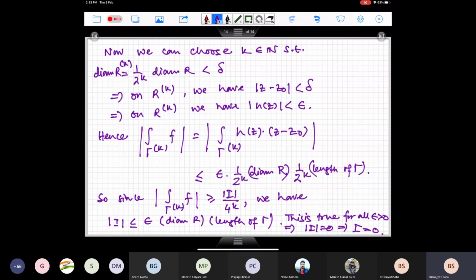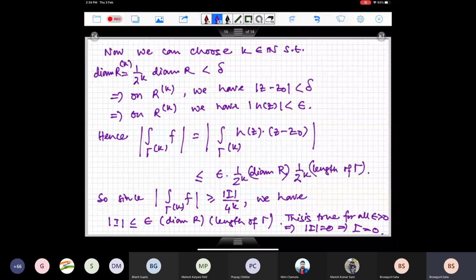Okay, so this is the proof, and it tells us that if I take any holomorphic function and integrate over a closed rectangle or a triangle, it's going to give me 0. Okay, is this clear to everybody?